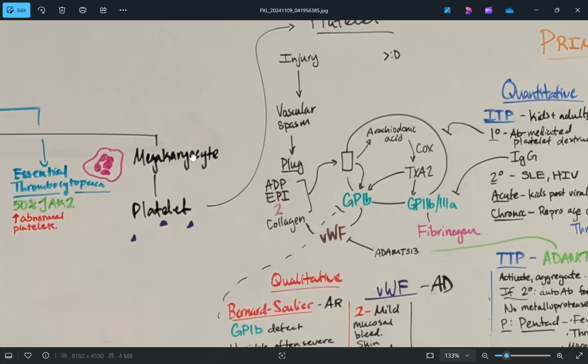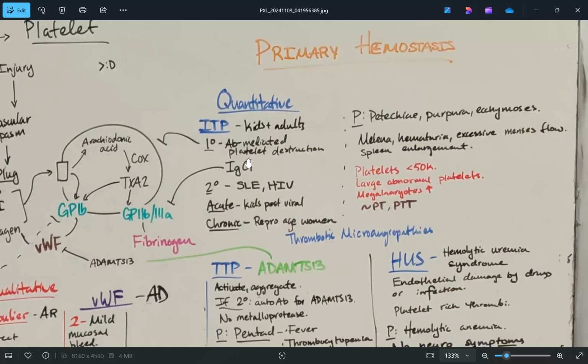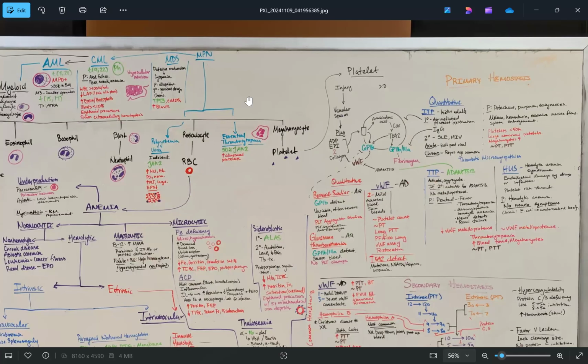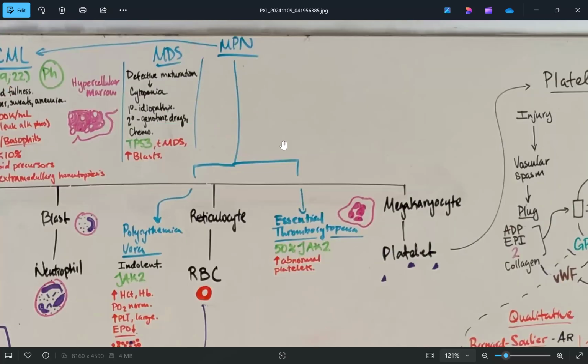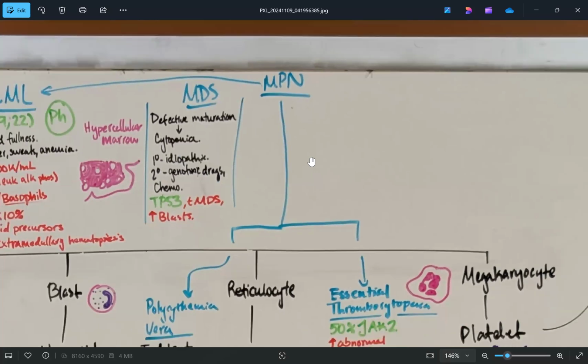Primary is idiopathic, probably genetic, but secondary, it is related to genotoxic drugs and chemotherapy. So if someone's on chemotherapy, you'll think a lot of MDS. It will have mutations in TP53. And then on labs, you'll see cytopenias and then increased blasts. Because again, cytopenia, you have no cytes, you have blasts.